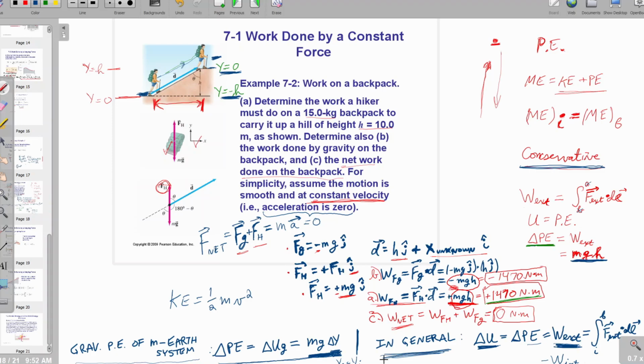All right, let's talk about why this is actually useful and helpful. Here's why it's useful. Let's say that you walk up this slope here, and then you set the backpack down because you're tired, and it slides down the ramp.